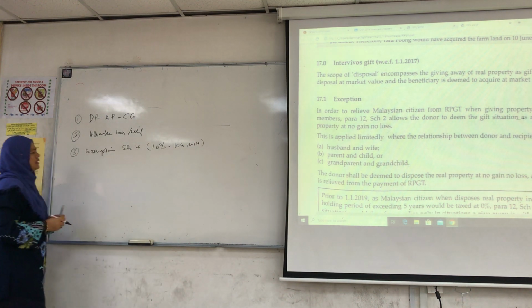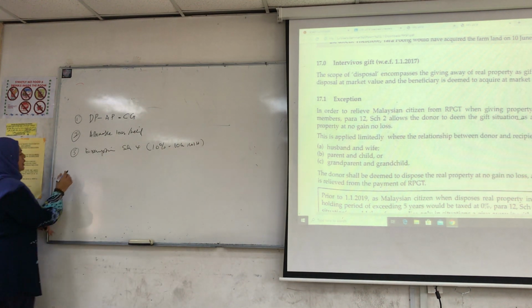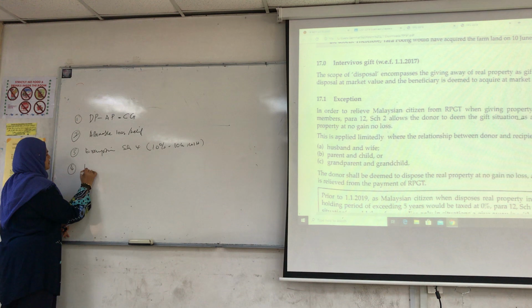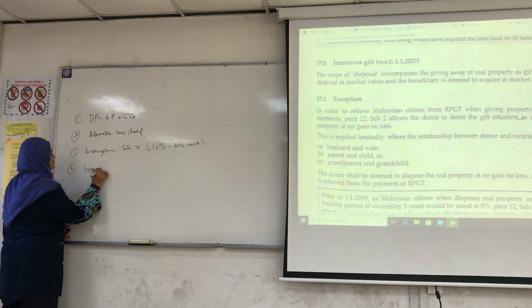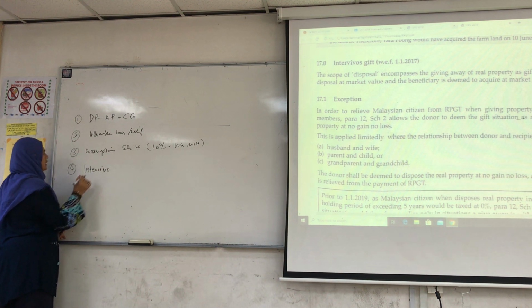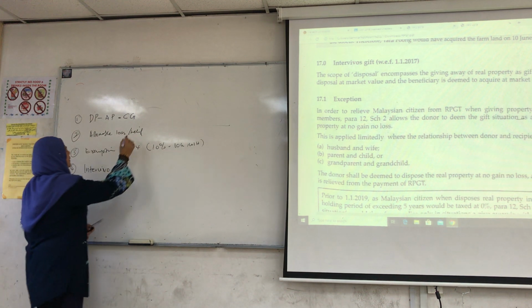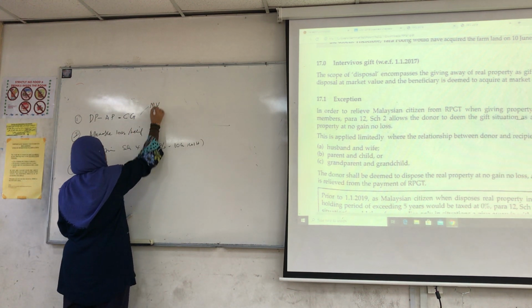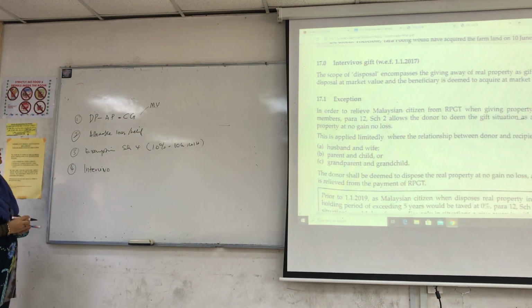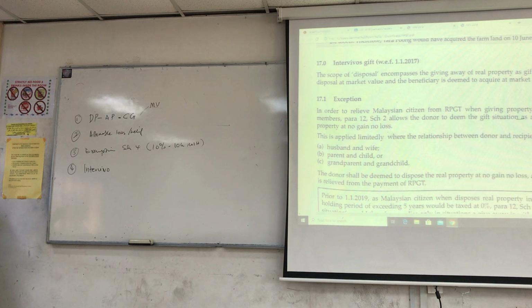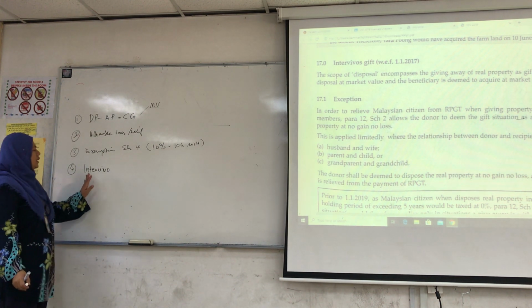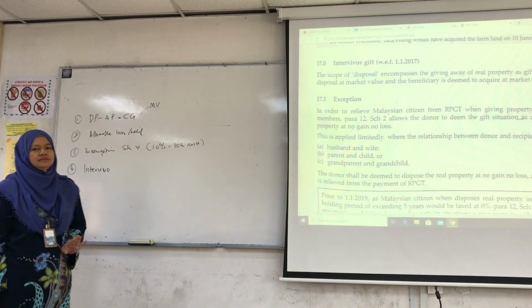What about the next one? We are going to look into what we call inter vivos. And remember that you also have the market value. When you have an acquisition of asset prior to year 2000, you have to use the market value as at 1st January 2000.